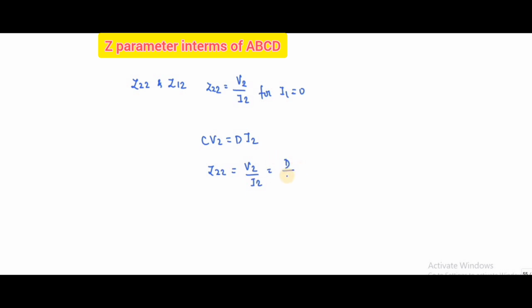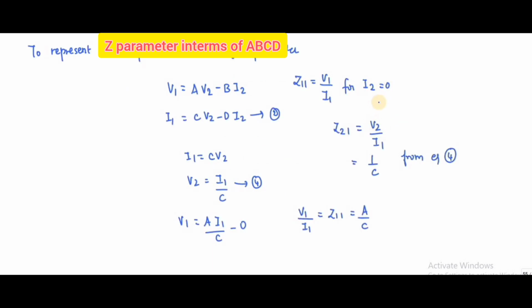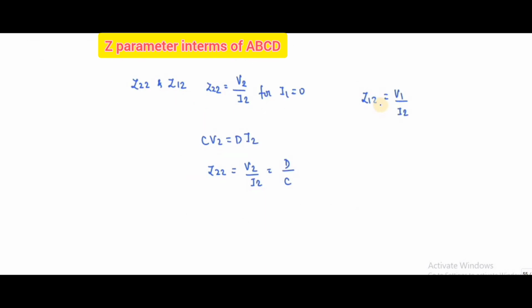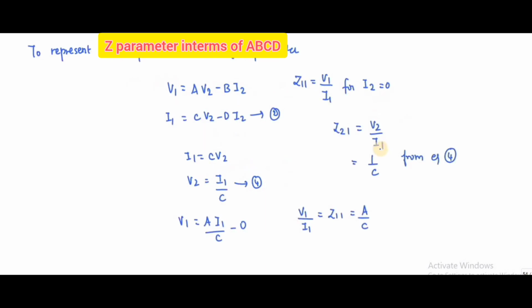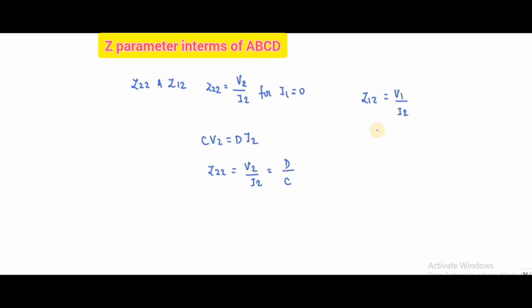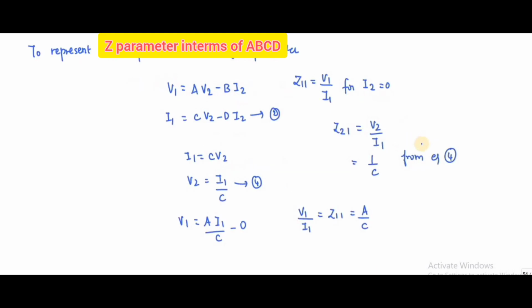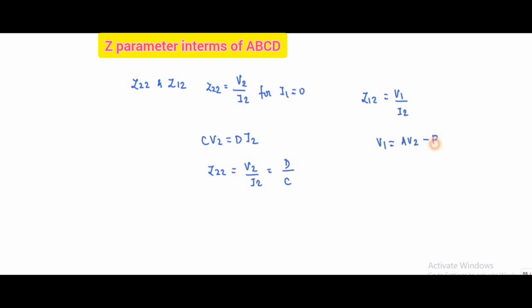So next one is Z12, right? Z12 is equal to V1 by I2 for I1 is equal to 0. V1 is equal to AV2 minus BI2.